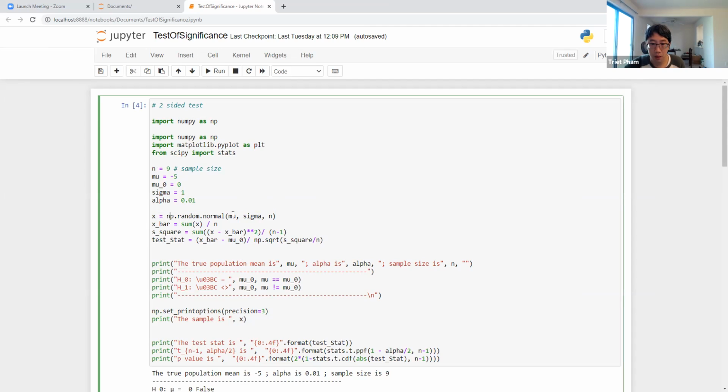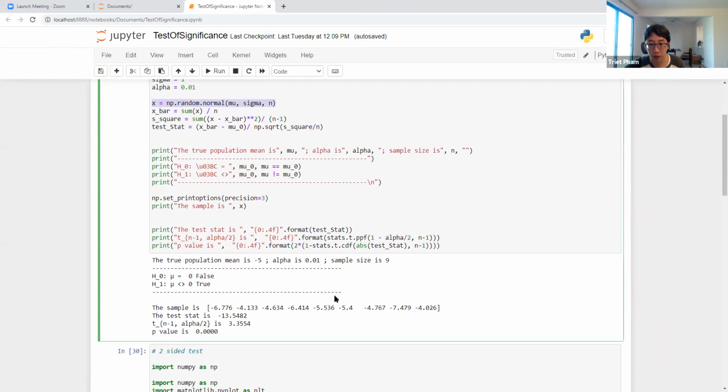You go like this, and that would generate n normal values for you with mean mu and standard deviation sigma. So yeah, this is magical. They just do it for you right here.